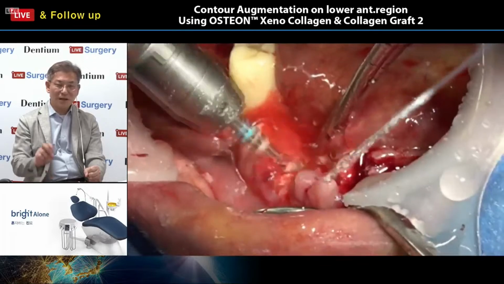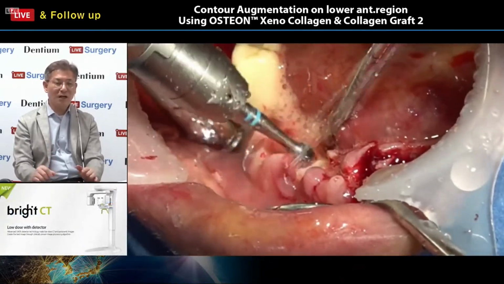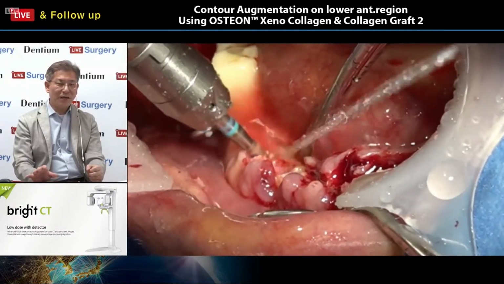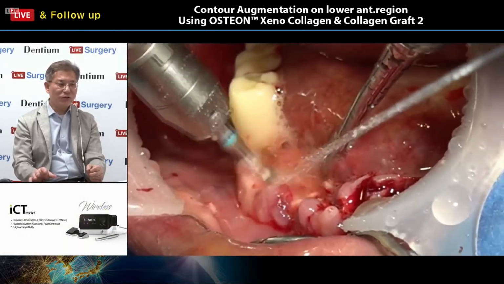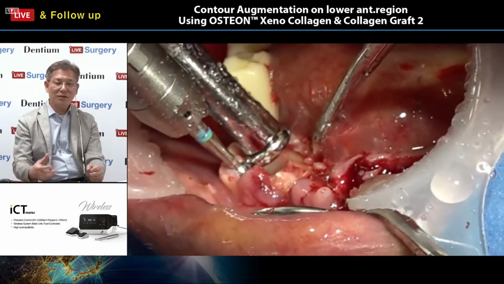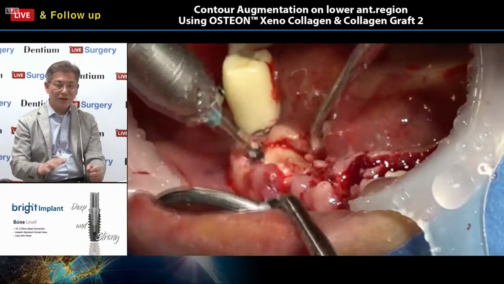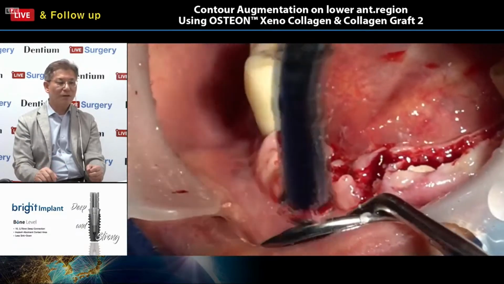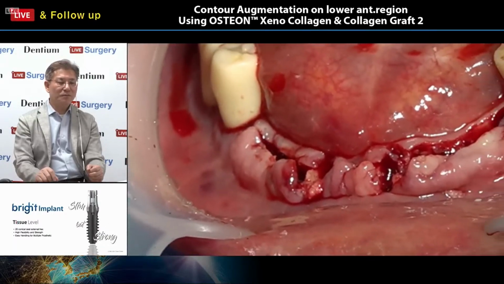That was very effective, useful and versatile. The main usage is making the lateral window. However, sometimes we can use it like this, removing granulation tissues and irregularities, the bone spicules. They're very effective.